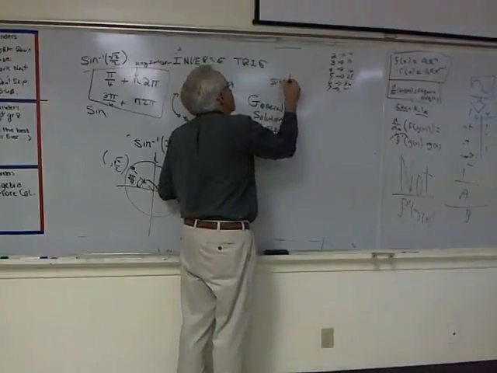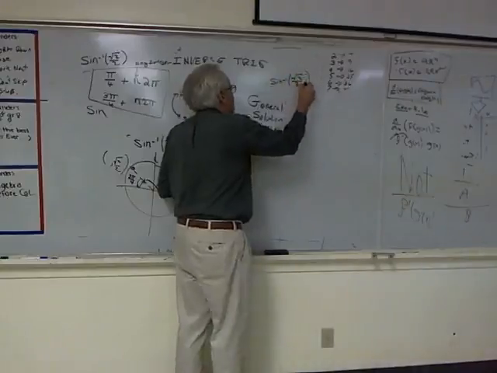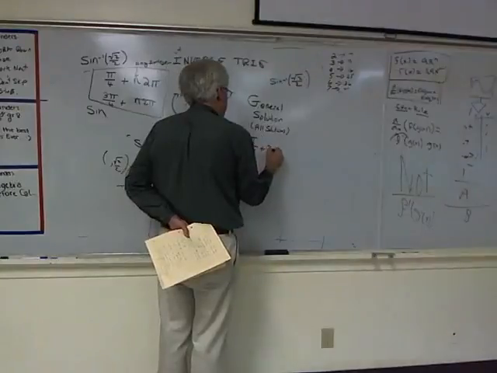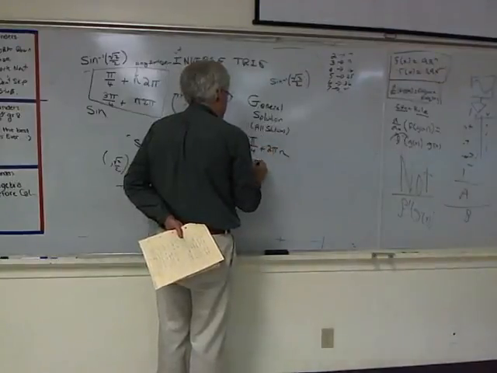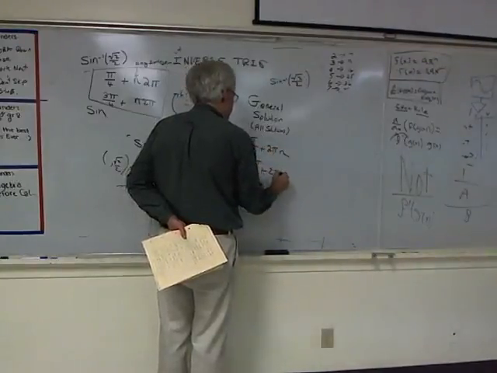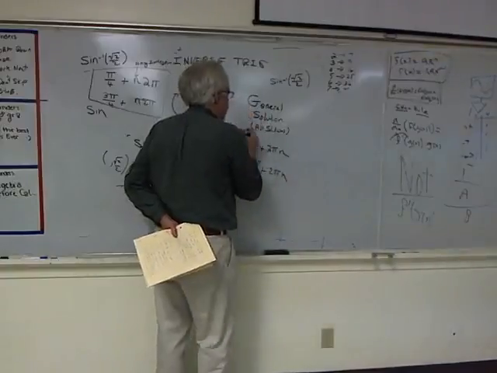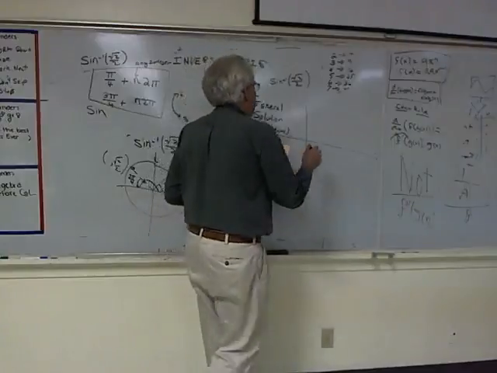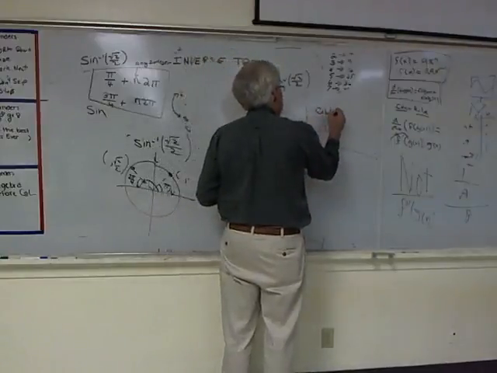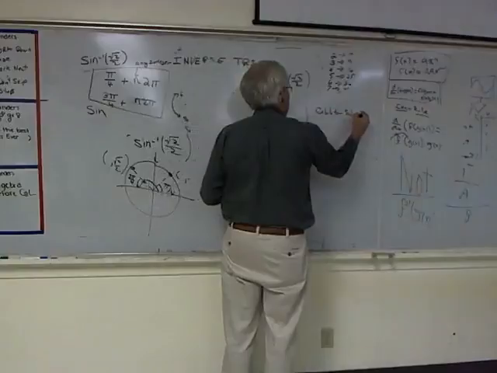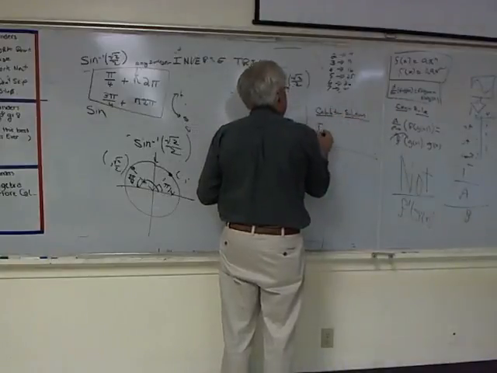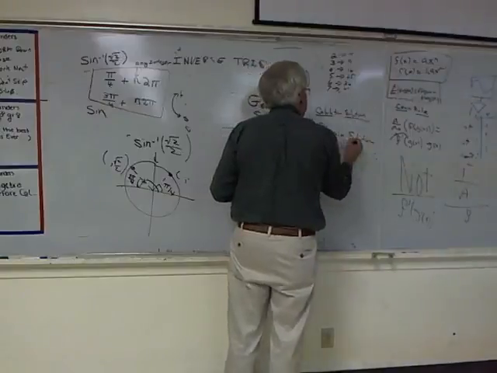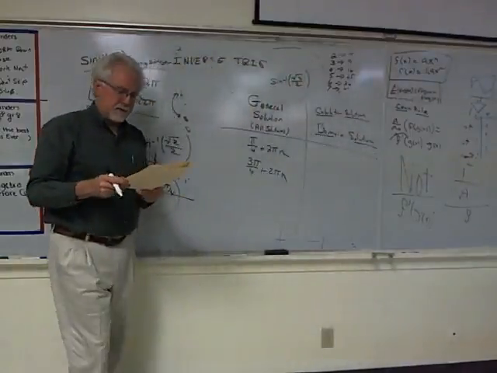So if this is 8 pi over 4, I would have one at 9 pi over 4, and then 8 pi over 4 plus 3 pi over 4 is 11 pi over 4. Okay, so I have 2 in the unit circle, and then they repeat every 2 pi. Does that make sense?